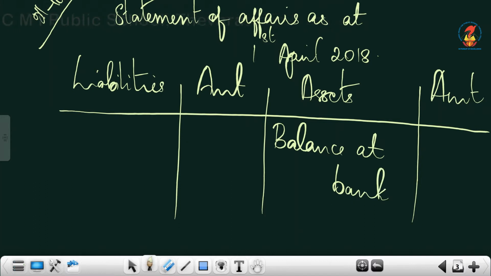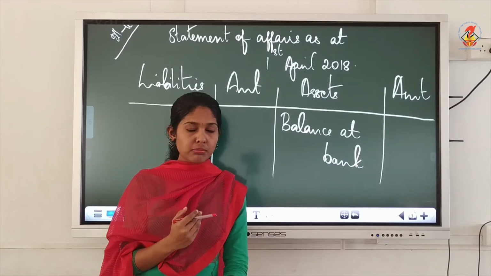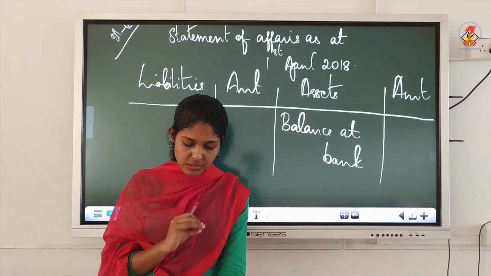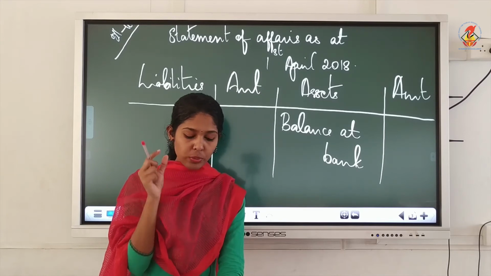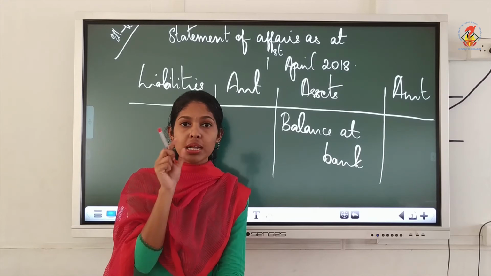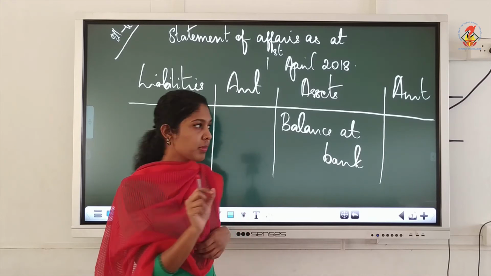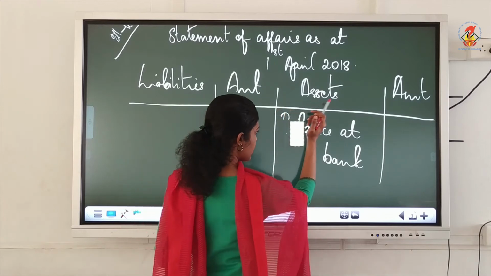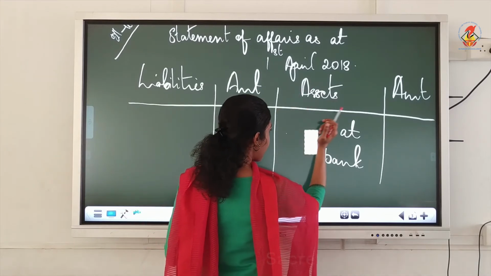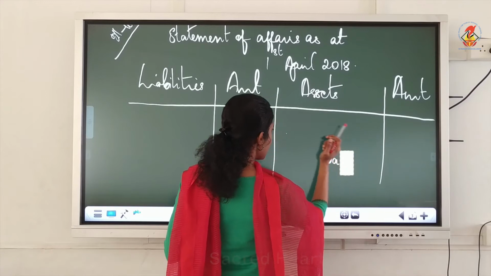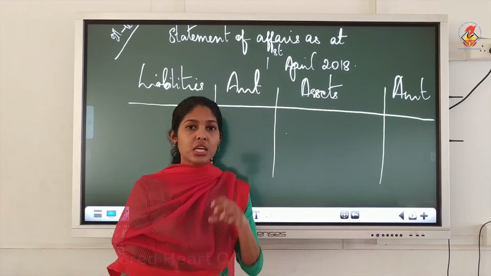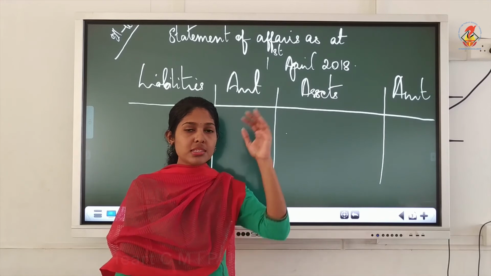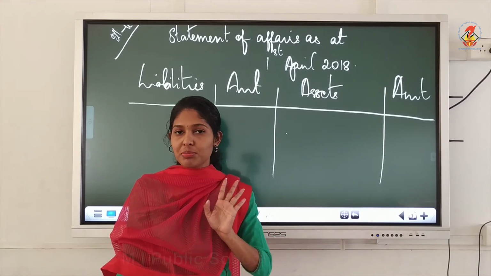Balance at bank. Okay, balance at bank, usually the bank balance will be an asset, but in this question if you look into the opening value, balance at bank within brackets, they have given credit balance. That means it is the overdraft balance, because we know that bank is usually having a debit balance, isn't it? I'm not talking about the bank passbook. Okay, don't get confused between bank balance and bank passbook and all. That is regarding the chapter BRS.